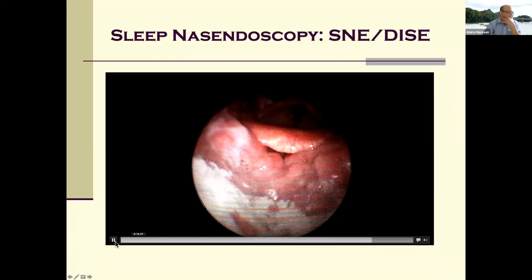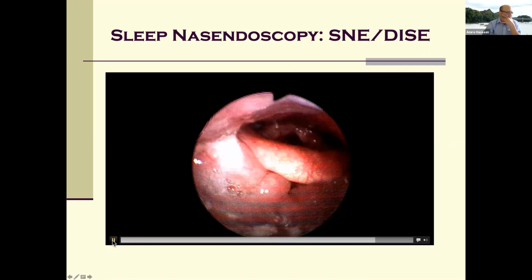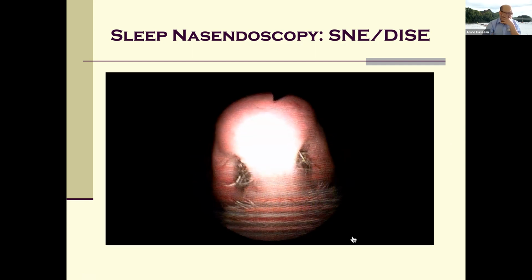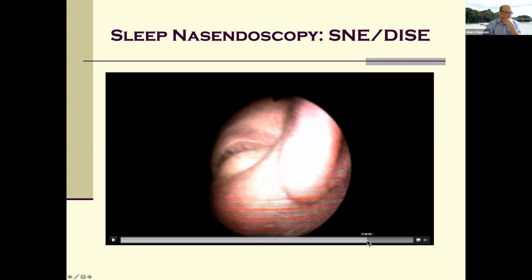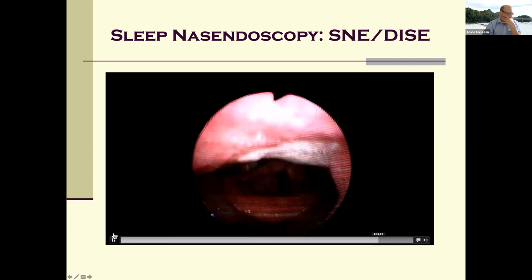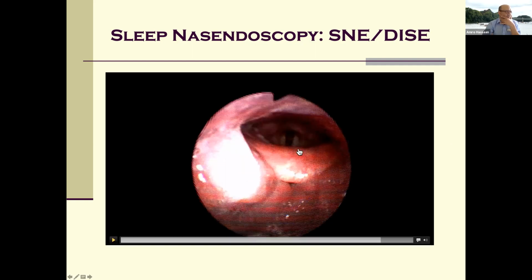There, I don't know if you can see that, but we've got a huge improvement in our airway now. This is much bigger than we had to start with. And we've still got a very bulky tongue base. Again, this is not normal.